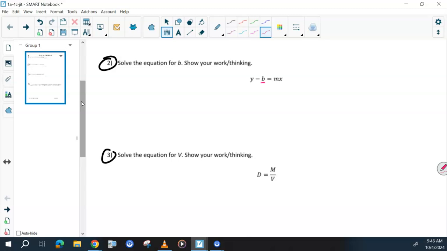So in number 2, if we're solving for b, you could do one of 2 things. Either add b on both sides and then get rid of mx, or get rid of y and then get the b by itself. So I'll show both. If we get rid of y, we have negative b equals mx minus y, and we would divide everything by a negative 1.